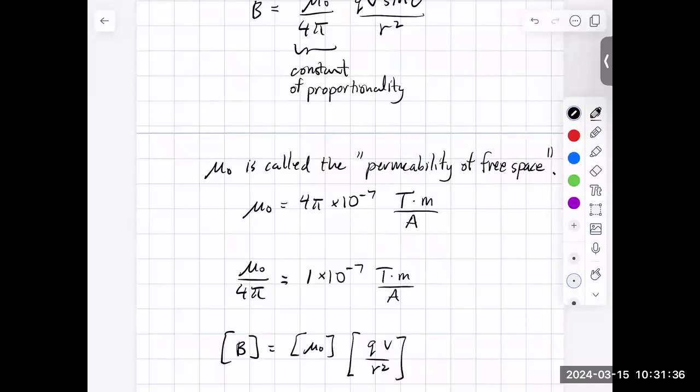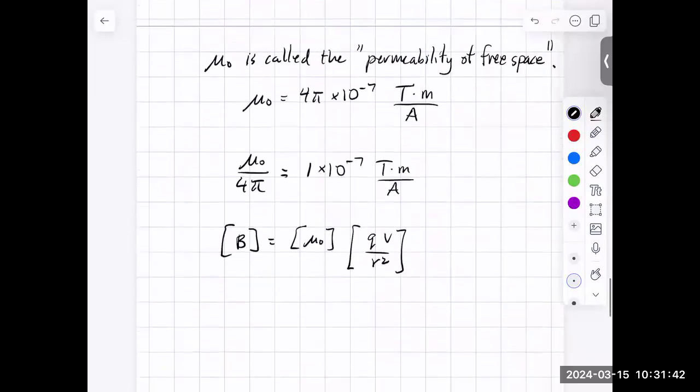We don't have to include sine theta because sine theta is just a number. It doesn't have any units. So in terms of unit analysis, mu naught is Tesla meters per amp. Q is measured in coulombs. V is a meter per second. And 1 over r squared is 1 over meter squared.